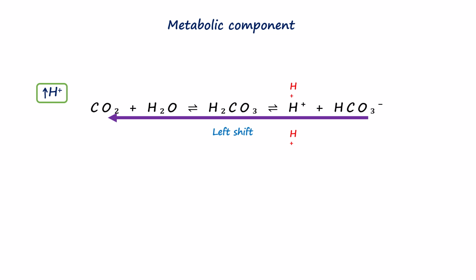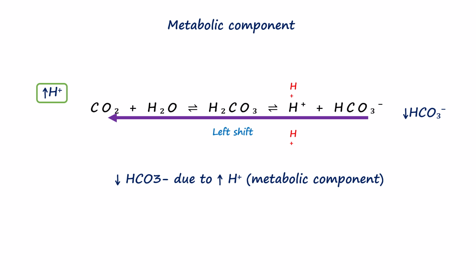The CO2 is then excreted via lungs, indirectly removing hydrogen ions. Now in this case, bicarbonate is lowered due to non-respiratory cause. And the lowering of bicarbonate does not always have to be due to excess hydrogen, but it can also occur due to excessive renal excretion of bicarbonate.